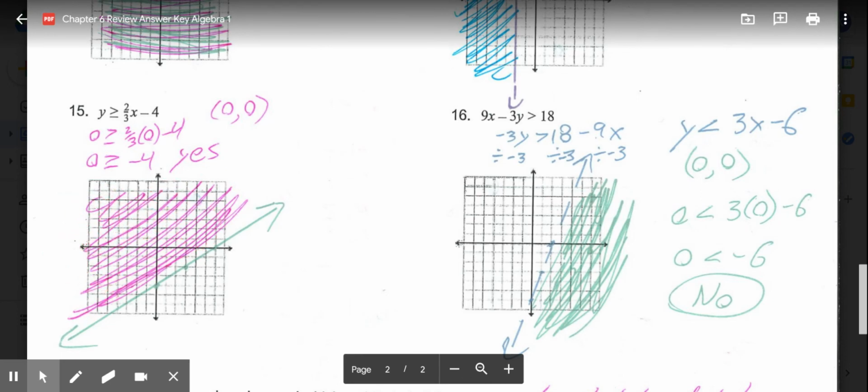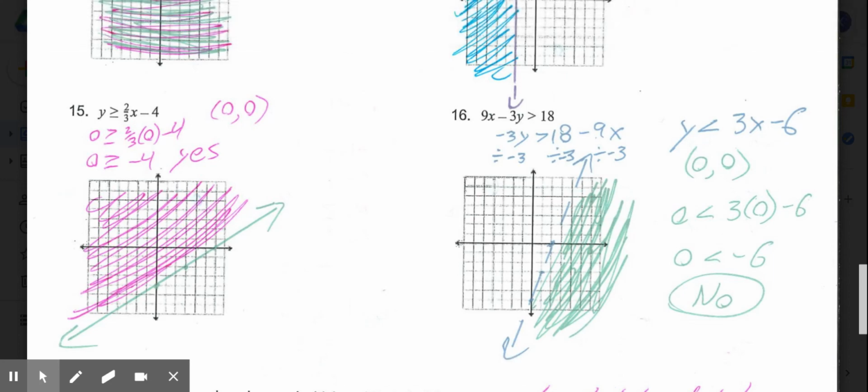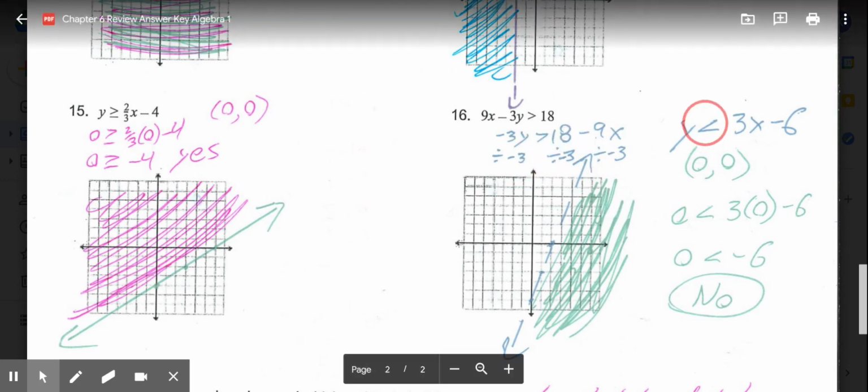And then in 16, 9x minus 3y is greater than 18. We want to get y alone. So first, we're going to subtract 9x from each side. So we have -3y is greater than 18 minus 9x. Divide all terms by -3, so our inequality flips, and we have y is less than 3x minus 6.